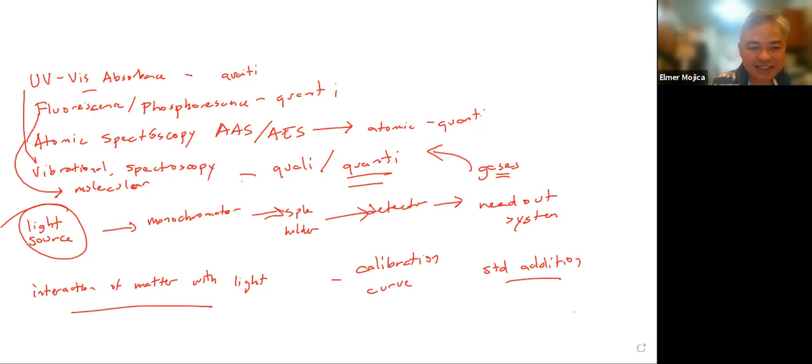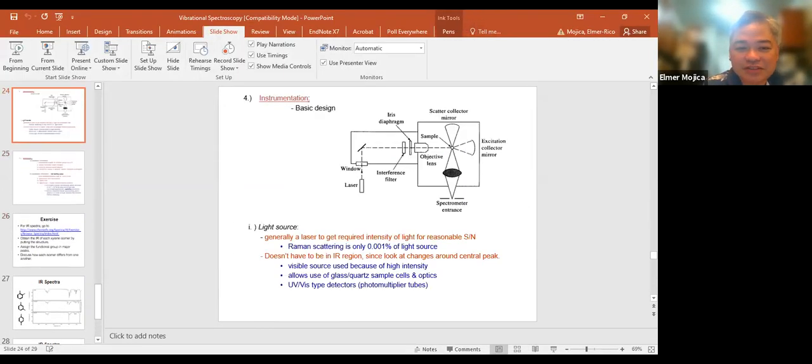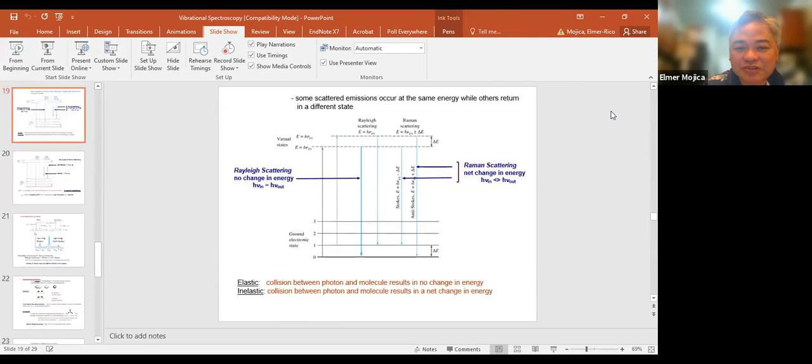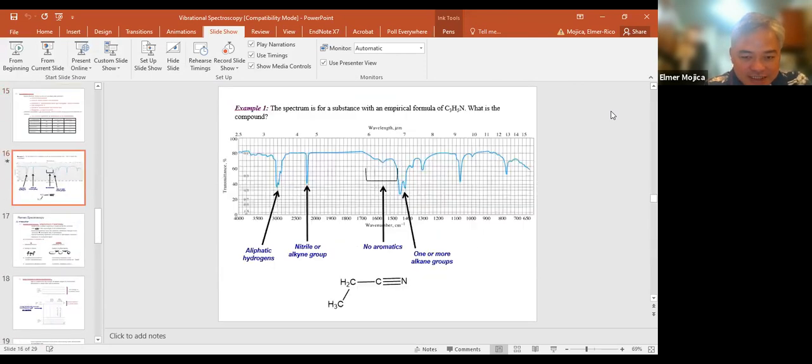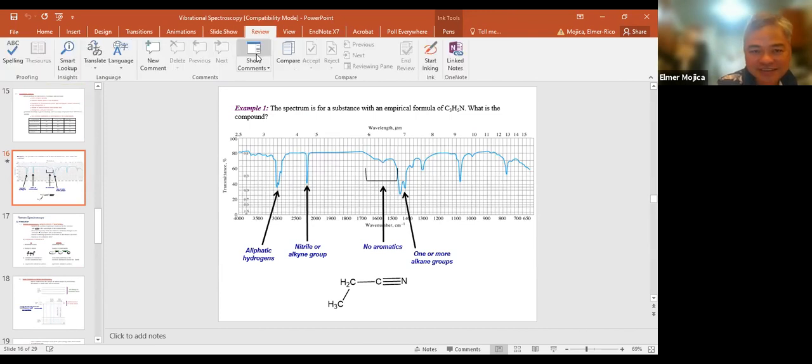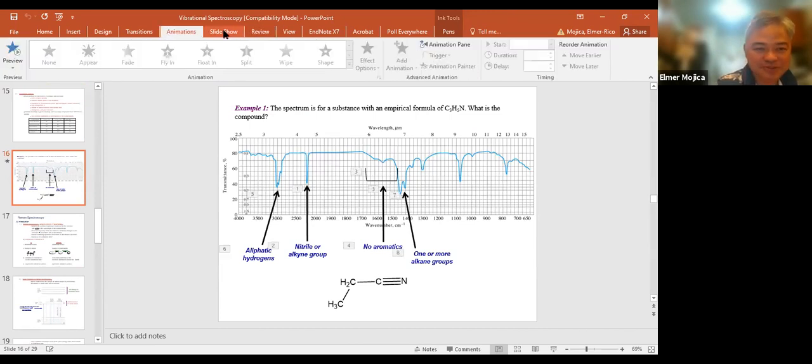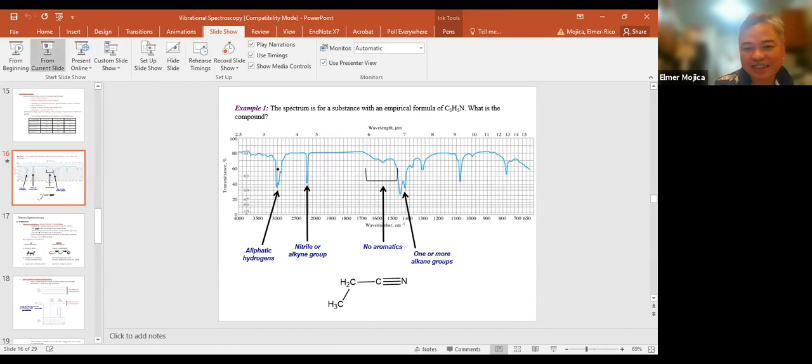Yung isa ata kailangan yung gawin sa tawag dito spectroscopy is you're given some sort of a spectra and you try to elucidate its structure. Like that one.